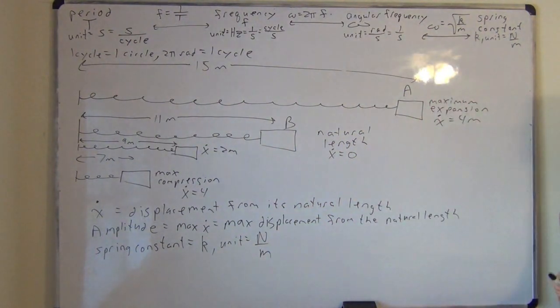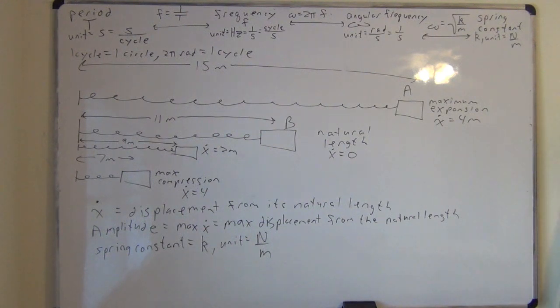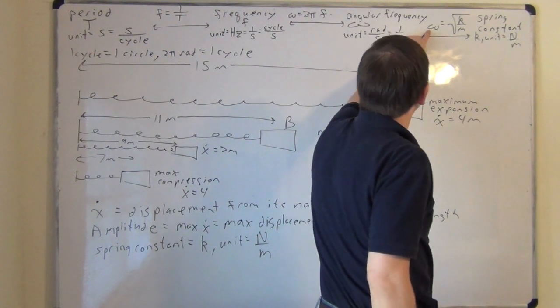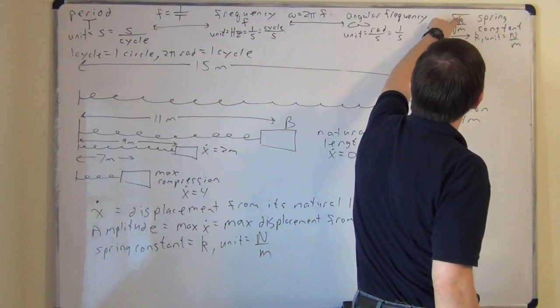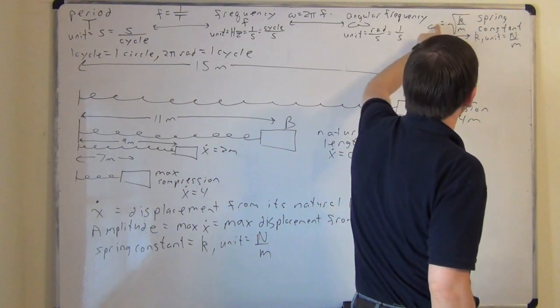So if you know the spring constant, you can figure out omega. Okay, good. What does this symbol stand for? Angular frequency. And this? Spring constant. And this? Meters. No, it can't be a unit because then it would match up.